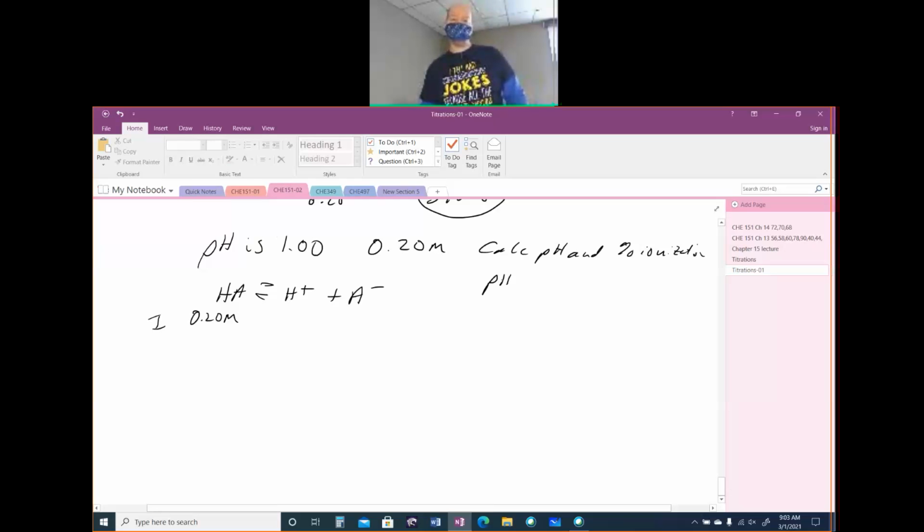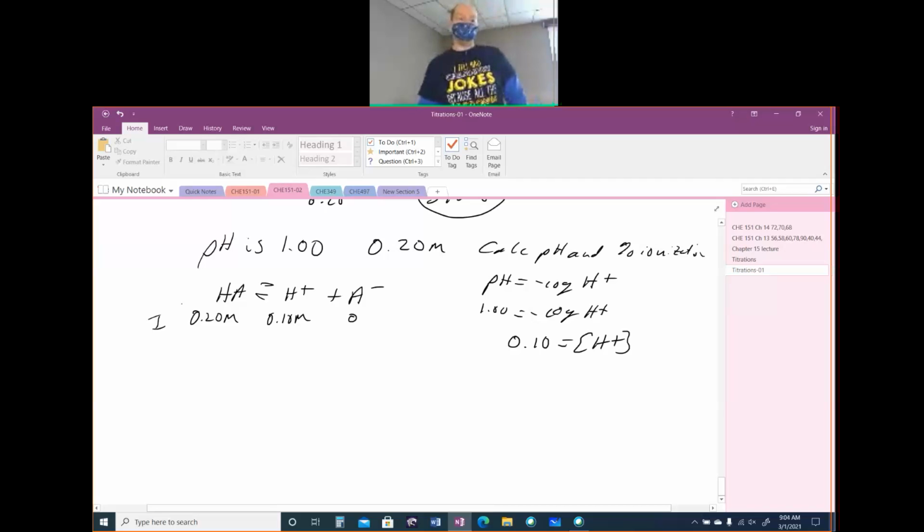If your pH is equal to the negative log of H plus, and your pH is 1, then you take the negative on both sides and then the anti-log, and you get 0.10 is equal to your concentration of H plus. And so this is 0.10, and this is 0.